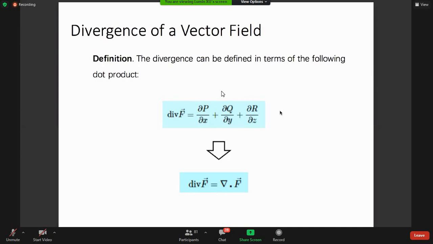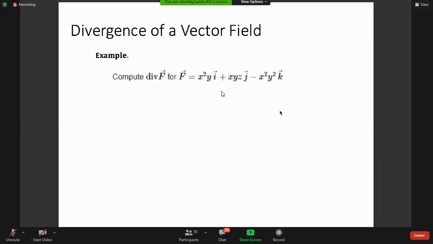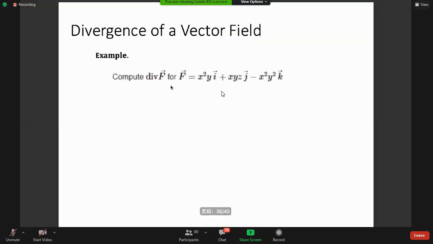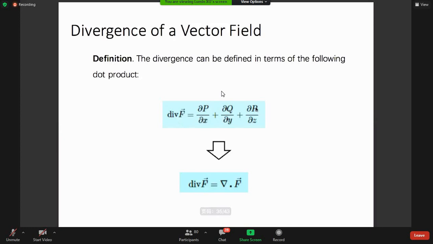And let's move on to the example. In fact, the F is a vector. So let's calculate the divergence according to the definition.